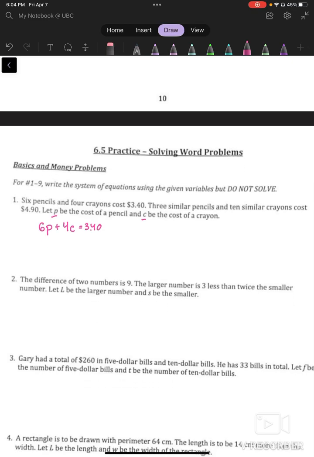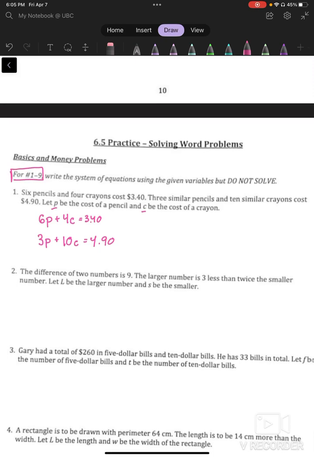And it's also saying that 3 pencils and 10 crayons equals 490. So those are your two equations, and it's telling you for the first 9 problems not to solve them. So I'm going to just set them up for you. So that's how you would do the first problem.